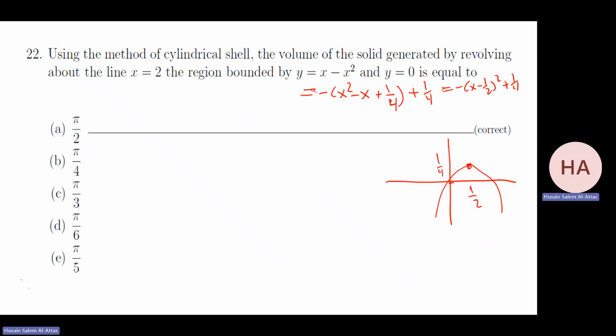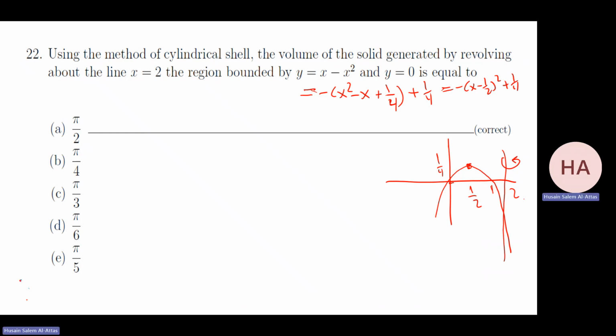And now about what? About the line x equals. Somewhere I have the line x. This point is 1, so I have it here, and this is x equals, this is my axis.